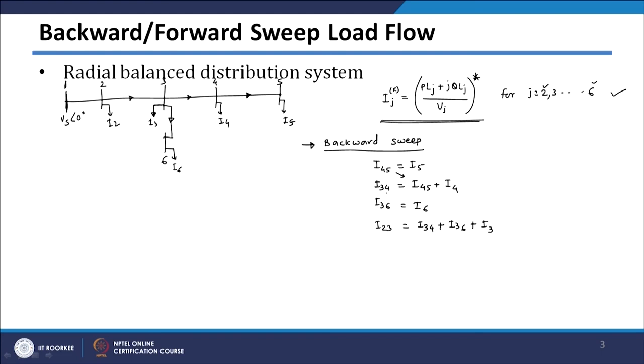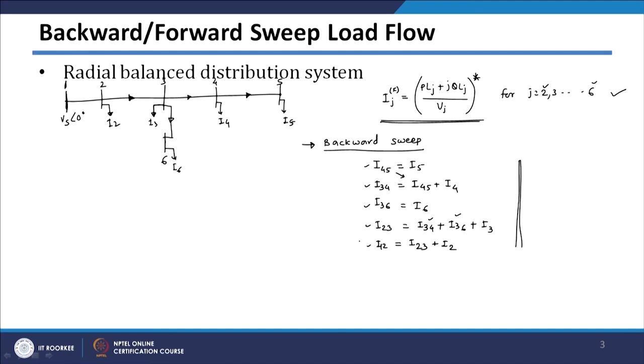Here I34 and I36 were already calculated before that. Then I12 will be equal to I23, the current flowing in this branch, plus the load current at bus 2. So these equations in the backward sweep give the line currents in all the lines.